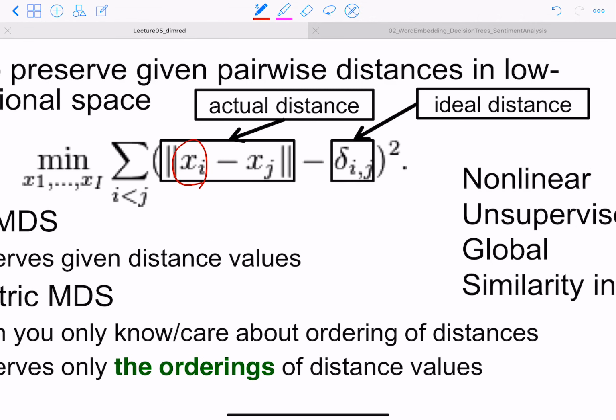Here x_i is just the two-dimensional representation of the i-th data item, and x_j is the two-dimensional representation of the j-th data item, and this is the norm operator. This Euclidean distance in a two-dimensional space should be as close as possible to the given high-dimensional pairwise distance between data items i and j.